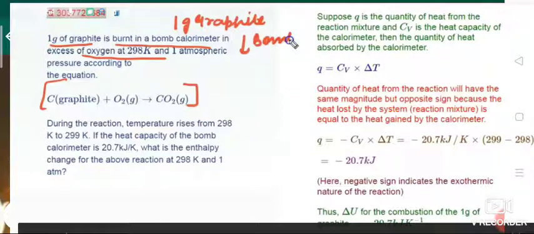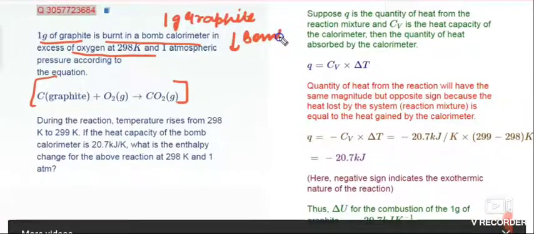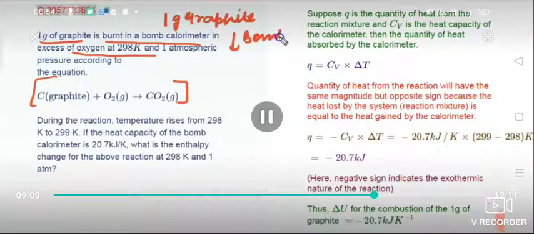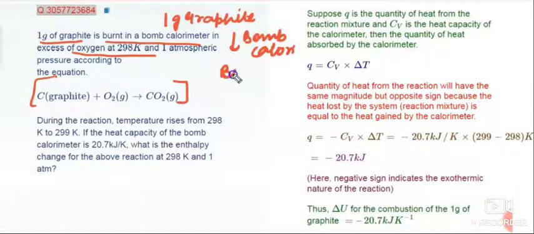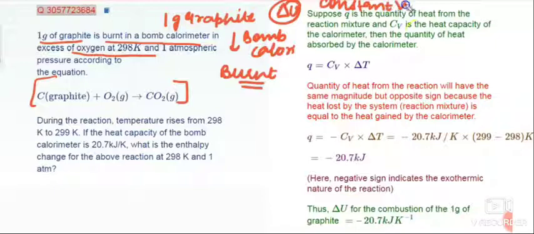So 1 gram of graphite is burned in a bomb calorimeter, and in a bomb calorimeter delta U is equal to Qv, at constant volume.